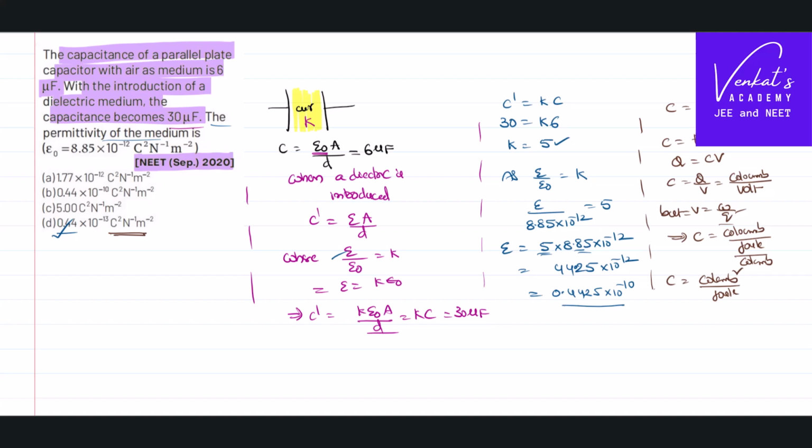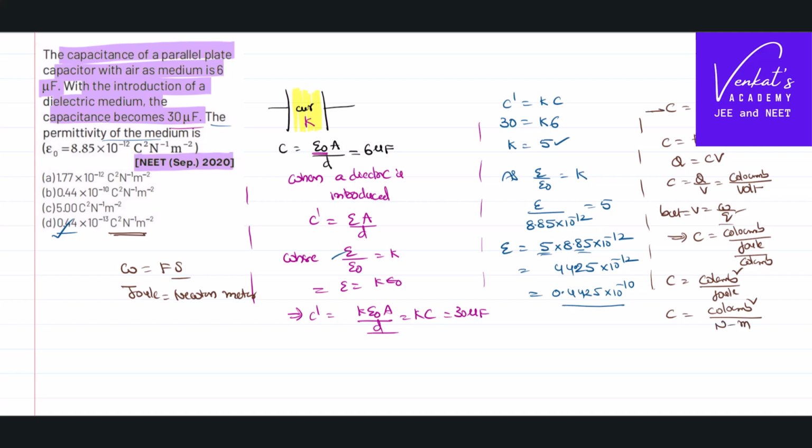But there is no joule in the basic units, so I can write joule further. We know work done is force into displacement. Work is measured in joule, force is measured in newton, displacement is measured in meter. So in place of joule I can write newton meter. So the capacitance unit is coulomb square by newton meter.